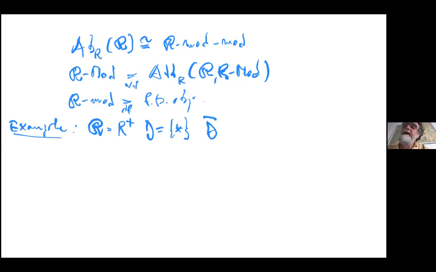That means that D bar is 1. And in this case, we get what I want to call R mod underline.